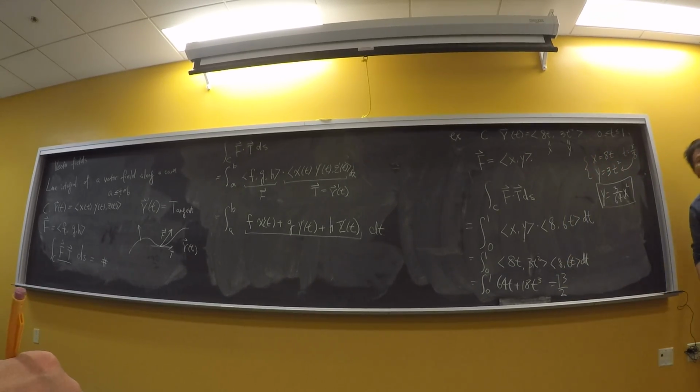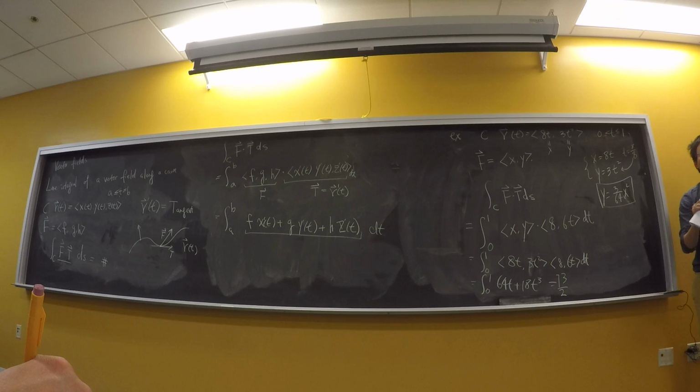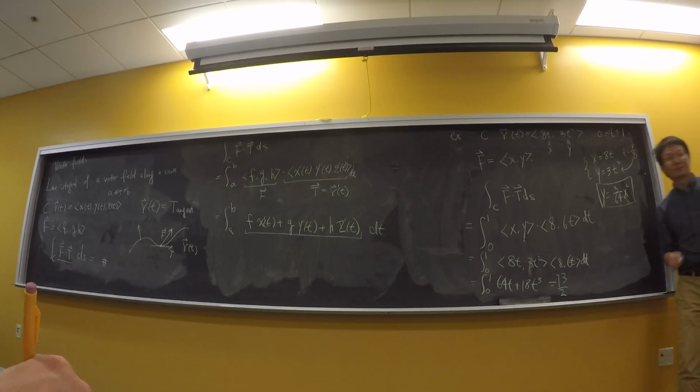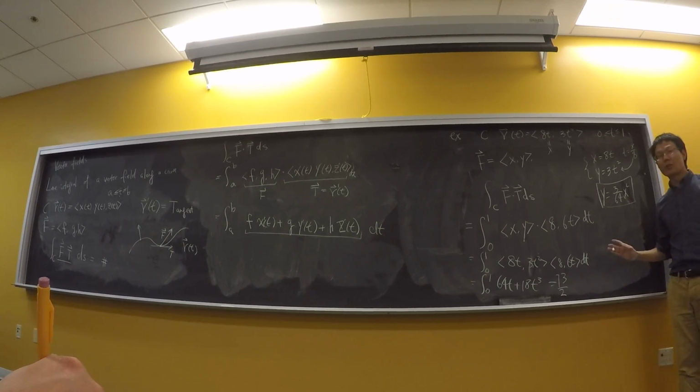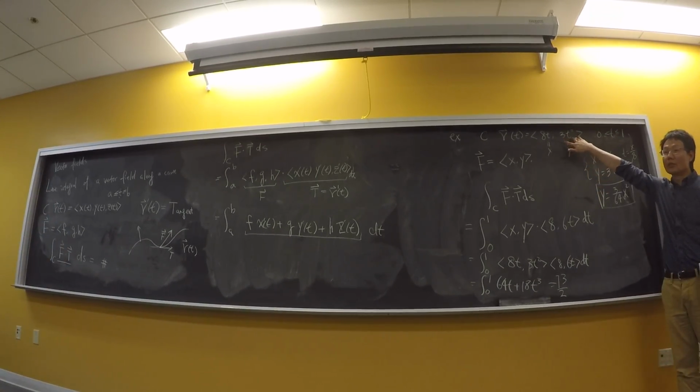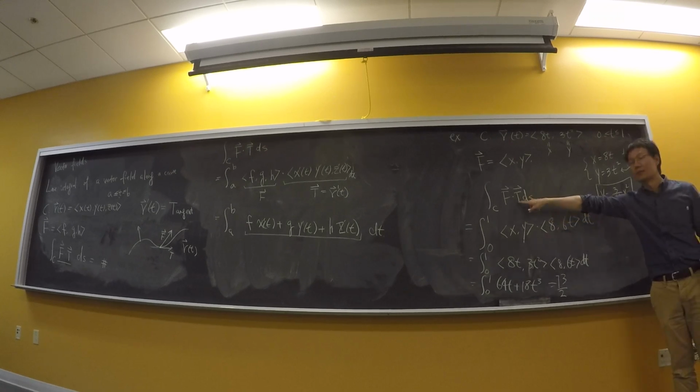I'm completing this single variable integration pretty quickly because every one of you should be able to do this. One thing I do want to mention here, listen carefully. Throughout this computation, the parametric equation of the curve actually appears twice. One time I'm taking the derivative to get the tangent vector.